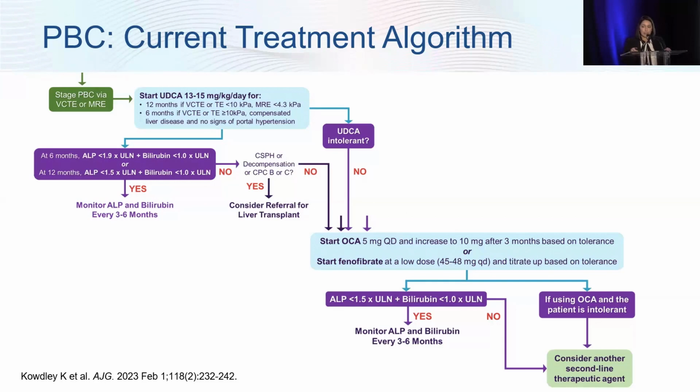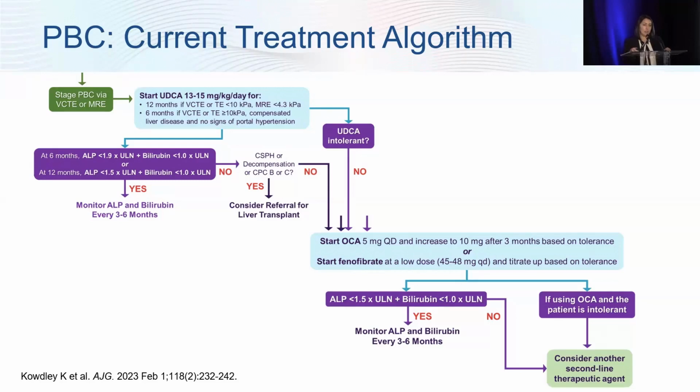And so after you get them started on urso, assuming they tolerate that and do well, when are you going to follow up and monitor them? Probably hepatic panel in 3 months, 6 months. Some people will wait 12 months until assessing a full response to urso.